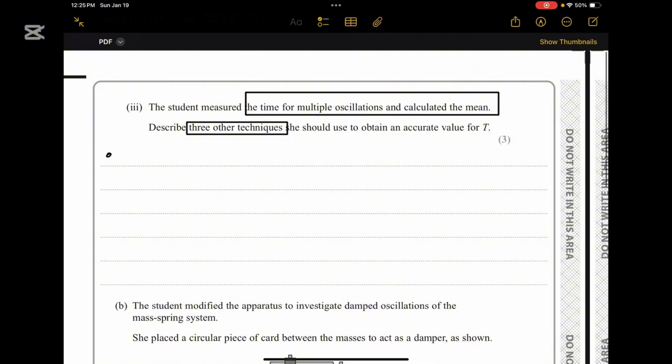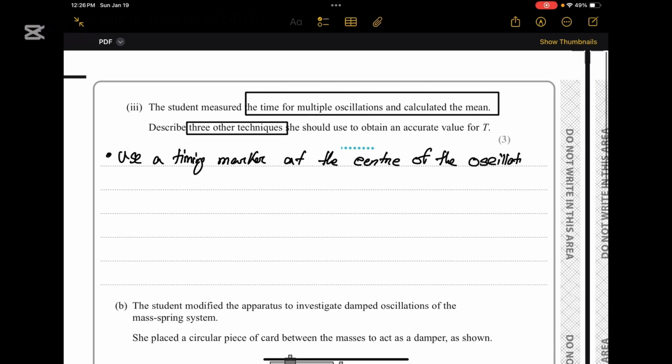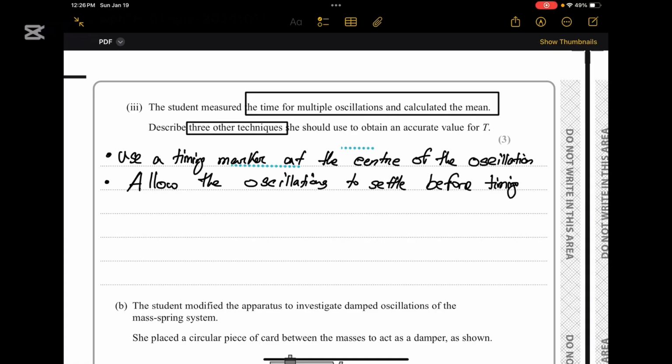First point will be... and the third point will be use a small displacement. So we are done with all the 3 points.